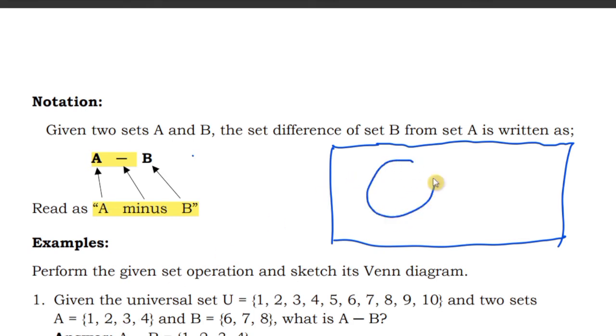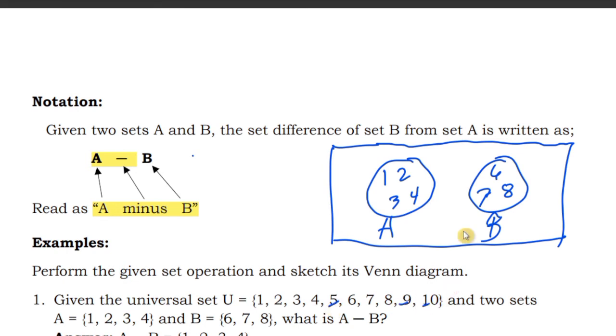Meaning to say, these are disjoint sets, with no common elements at all. So we have 1, 2, 3, 4 in A, while B is 6, 7, 8. What is left is 5, 9, 10, which are outside the two given sets but found only in the universal set.